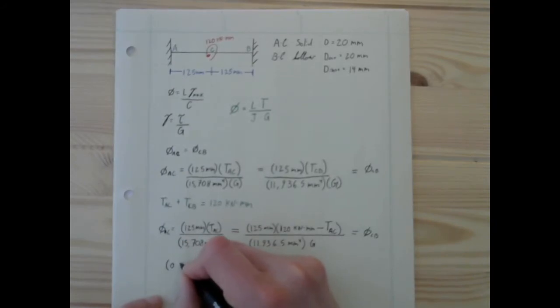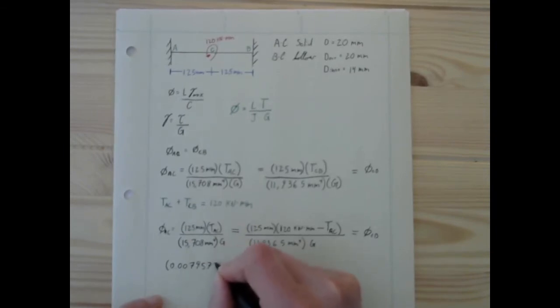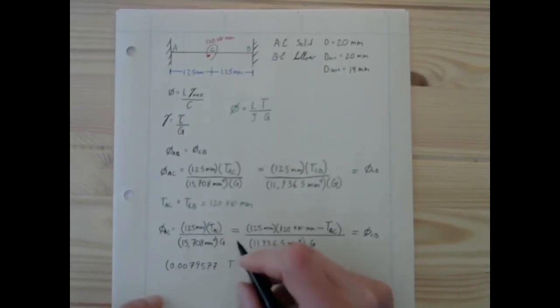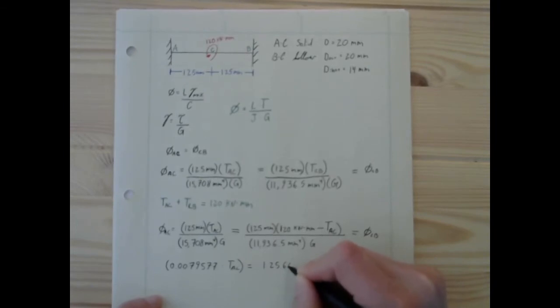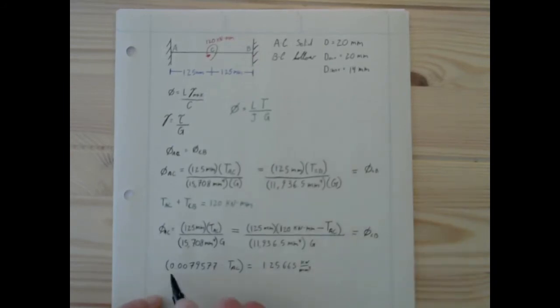So we'll end up with 0.0079577 times the torque from A to C, and that's going to be equal to 1.25665 kilonewtons per millimeter cubed. That's also being present here.